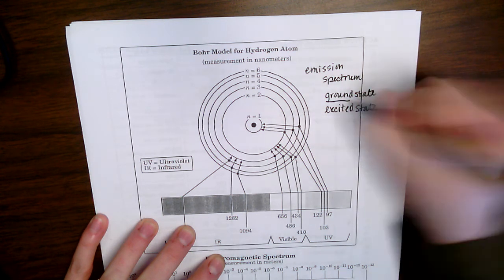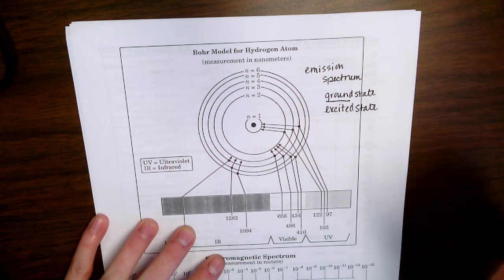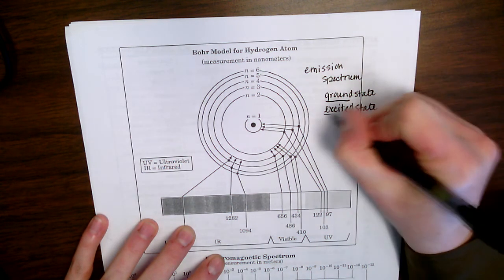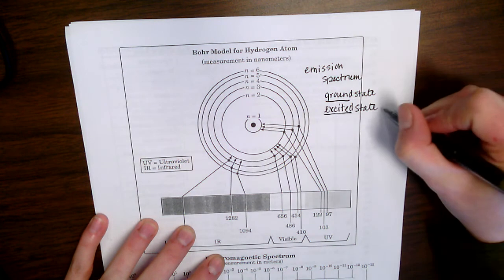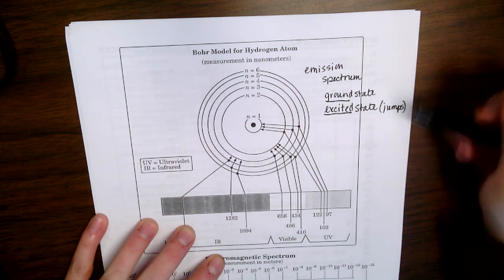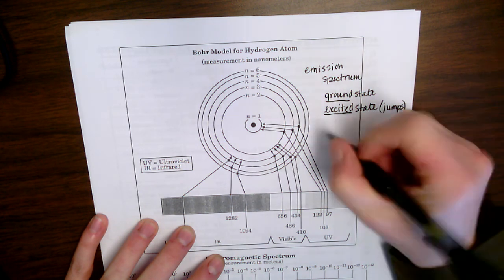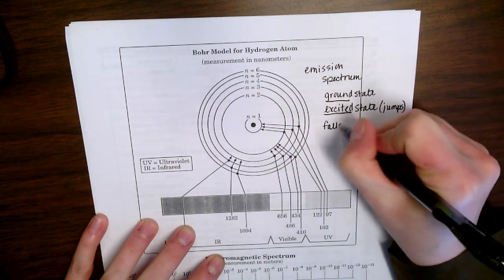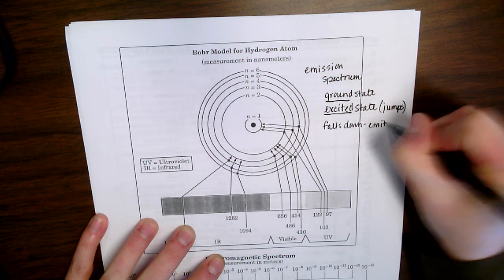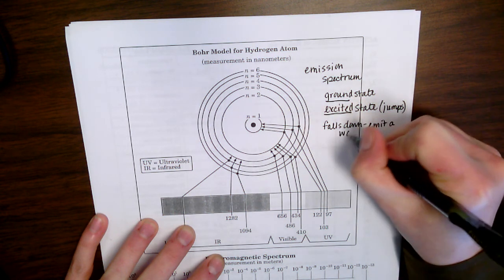Ground is just like it sounds. That's where it is normally, like where its feet are placed on the ground. Excited is like it says. It gets excited and it jumps. So it'll jump up in energy level, and when it falls back down, it will emit a wave.